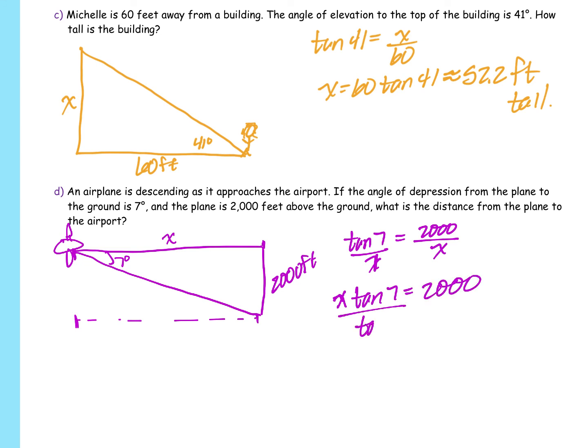Divide by tangent of 7. x is approximately going to be equal to 2,000 divided by tangent of 7. 16,288.7 feet away. So several miles still. Close to 3 miles.